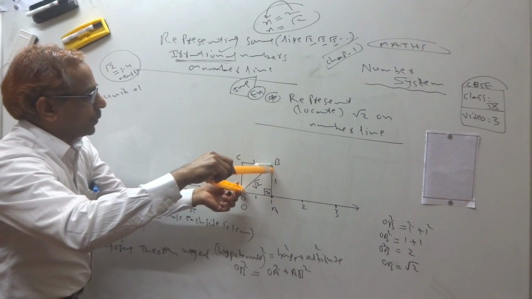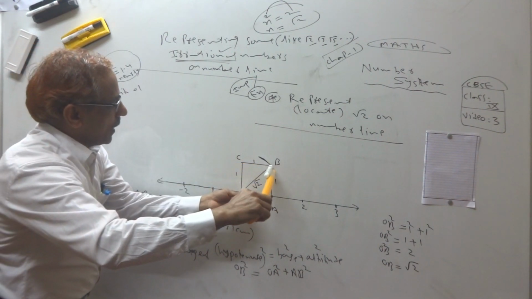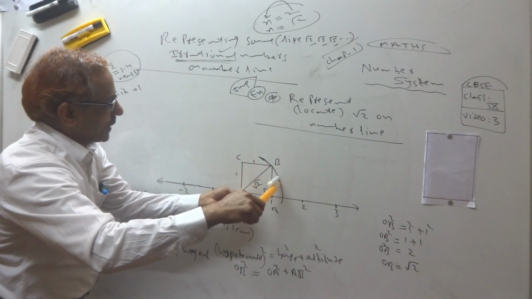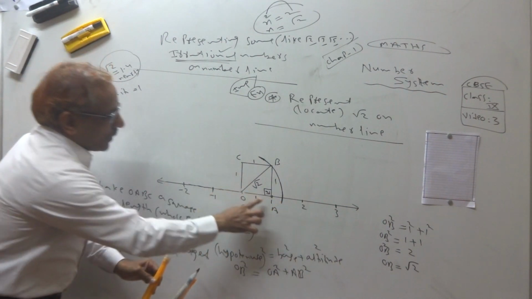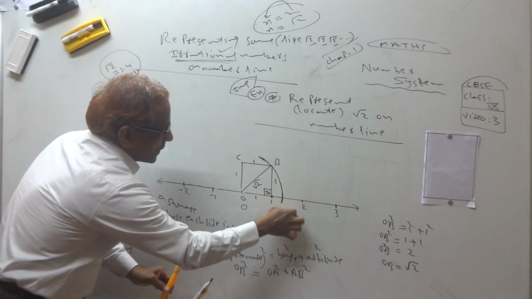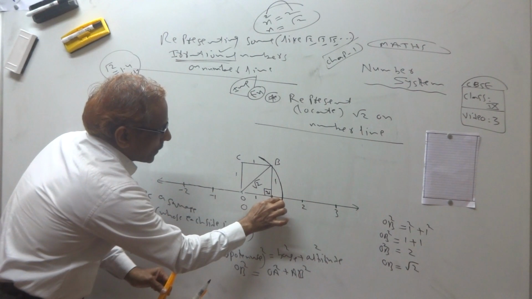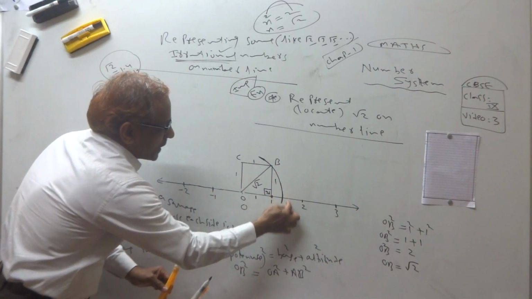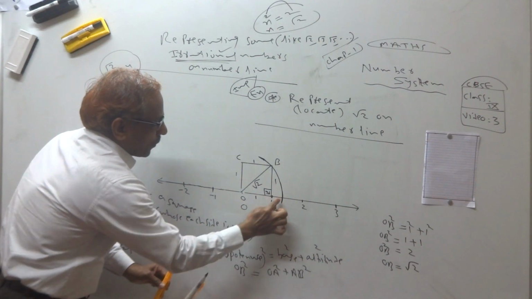OB is root 2, so draw one arc like this. You see, this arc is coming between 1 and 2, where there are 10 divisions. This is the 4th division, before 1.5.